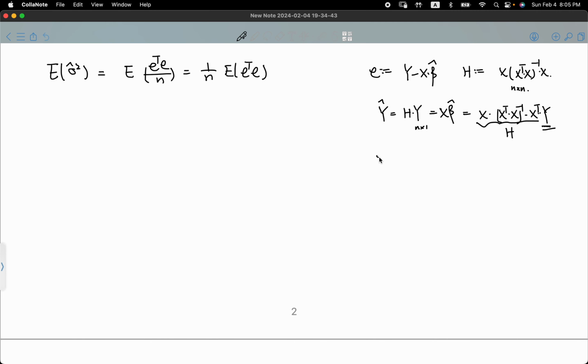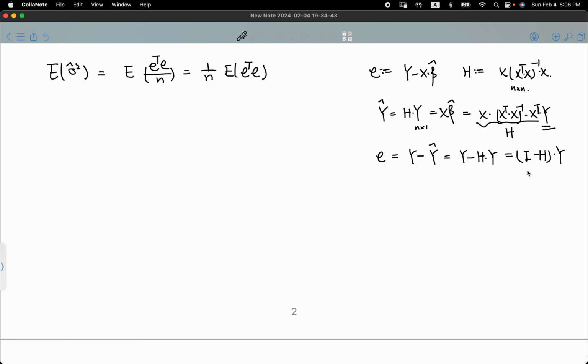Now, continue our definition for the residual: y minus y hat, which is y minus H multiplied by y, equal to the identity minus the hat matrix multiplied by y.